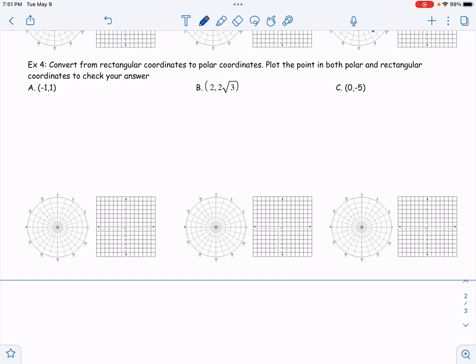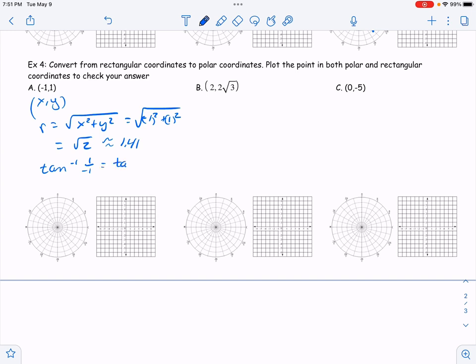Well, remember, this is x and y. So r is the square root of x squared plus y squared. So it's the square root of negative 1 squared plus 1 squared. So it equals the square root of 2. Square root of 2 is roughly 1.41. Okay? And theta is inverse tan of 1 over negative 1, which equals inverse tan of negative 1.